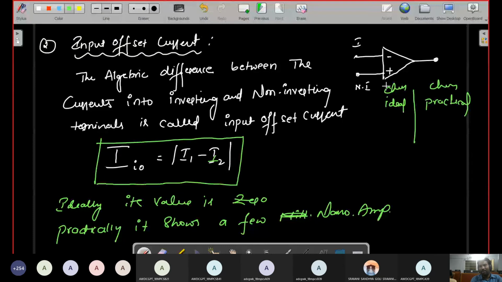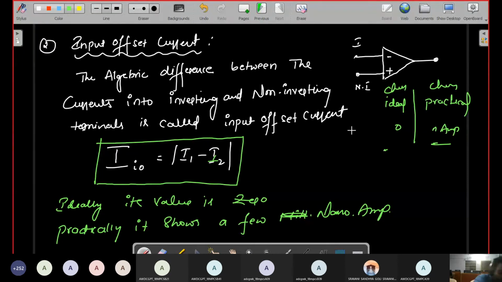Theoretically the characteristics of an ideal operational amplifier differ from practical characteristics. In an ideal operational amplifier the input offset current is always zero, but practically it shows some nano amperes. Okay, so this is the difference between practical and ideal characteristics of an operational amplifier.